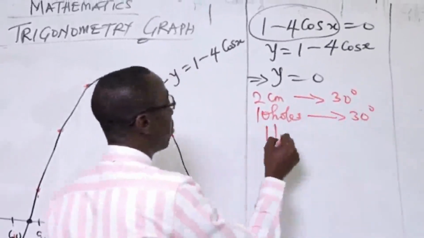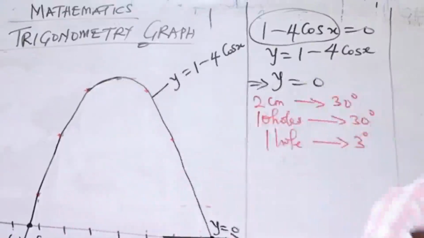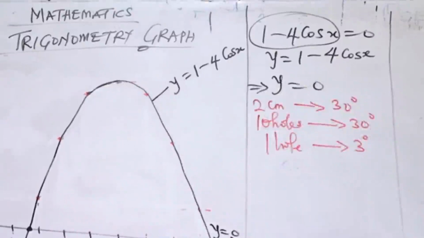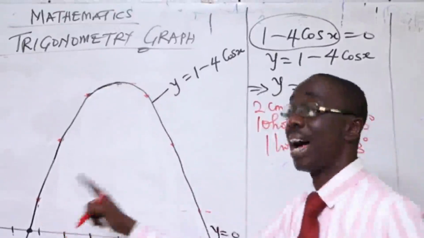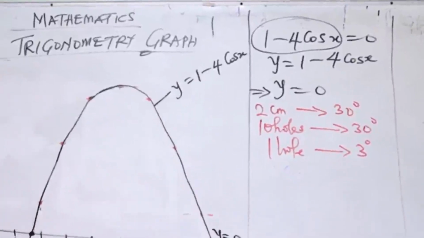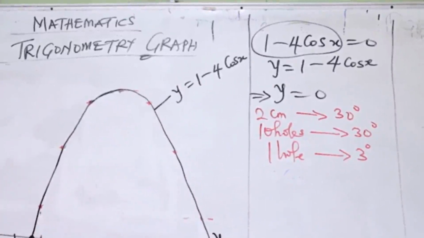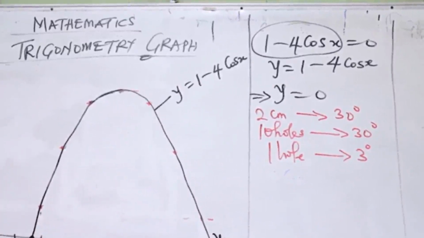And that means 1 ohm is 3 degrees. You are not reading this the way you read quadratic graph. You are reading x-axis as values of degrees now, not just ordinary units. So whatsoever you are writing out from the x-axis, they should carry what? Degree. Thank you. They should carry degree.